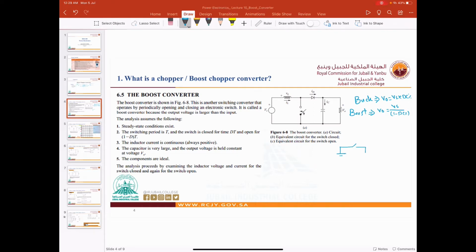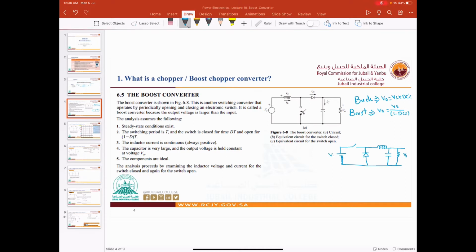Then we have a diode here. Then we have our low pass filter, with the capacitor and inductor, and we have here our resistive load, and this is V out.